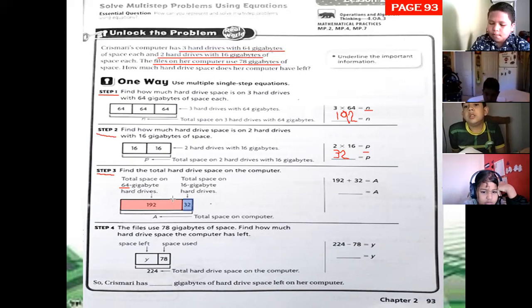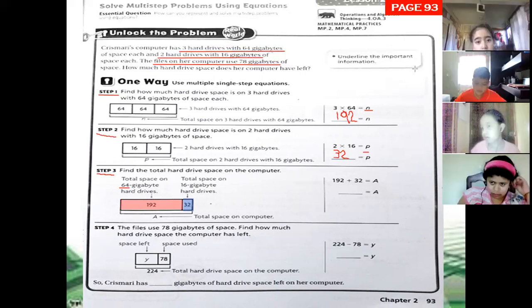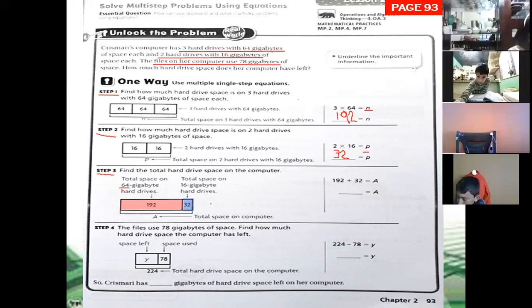We have to combine this information. To combine or put together, we need to add. So we have 192 plus 32. Okay, let's do the addition. 192 plus 32. This is 4, 9 plus 3 is 12, regroup 1, 1 plus 1 is 2.